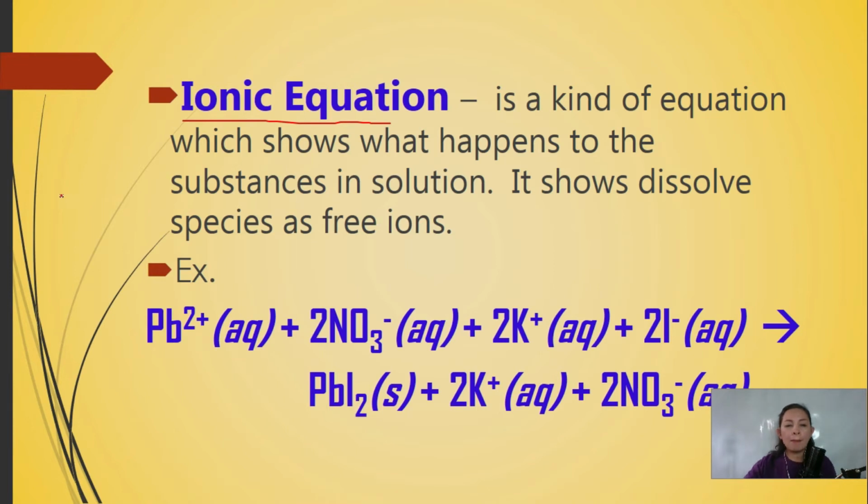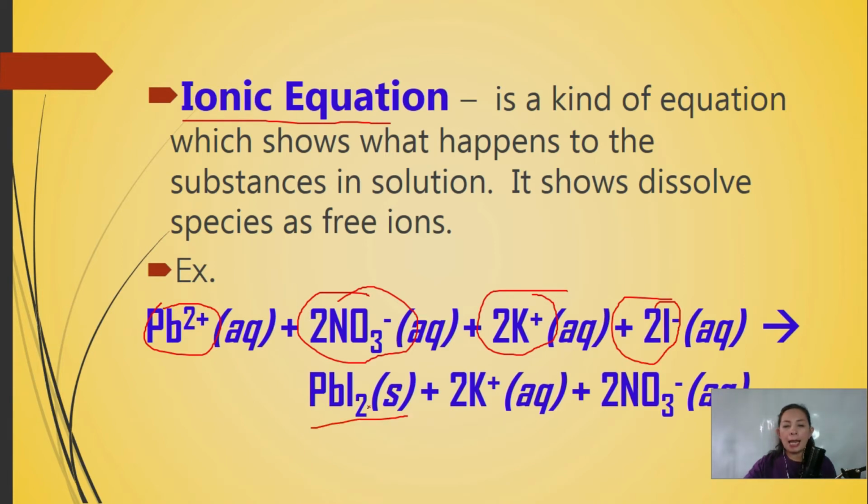For example, lead(II) nitrate: since they are both soluble, we ionize lead(II) nitrate into Pb2+ and NO3-. And potassium iodide is also soluble, so we also ionize it into potassium ion and iodide ion.